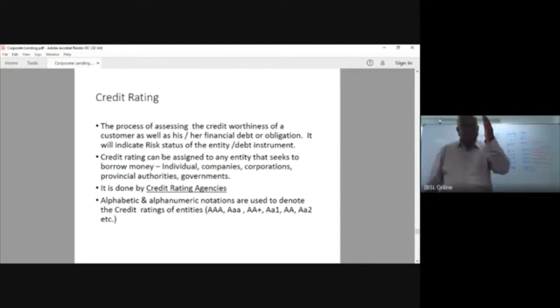It can be capital AAA, or AA plus, like that. By these ratings, the financial position and management position of the entity which has been credit rated will be indicated.